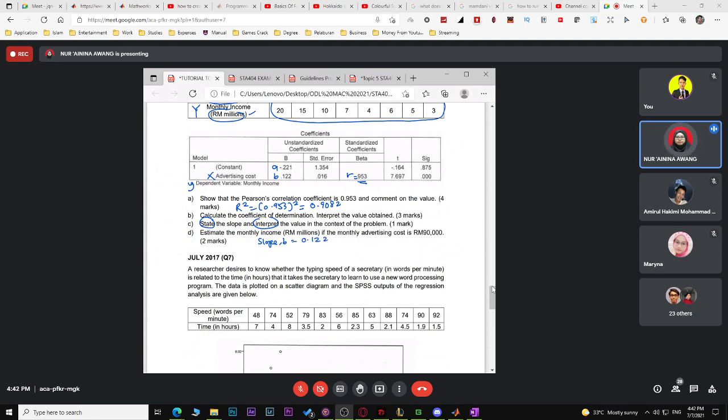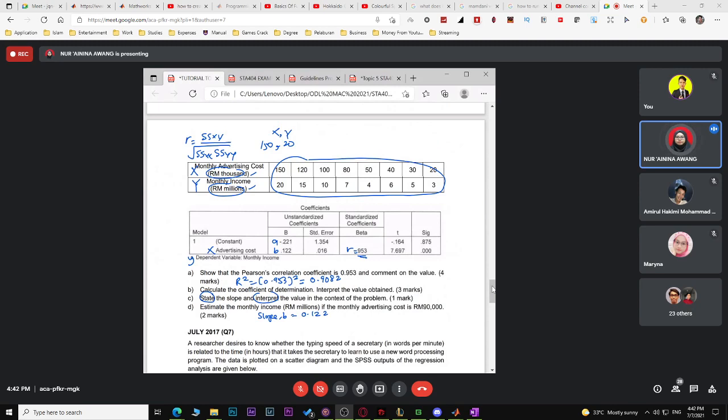Okay, and then you interpret. So untuk slope ni, make sure you hati-hati since you know that the unit for monthly advertising cost is in thousand and monthly income is in million. Okay, so dalam kes ni kita kata every one, so your X is monthly advertising cost.